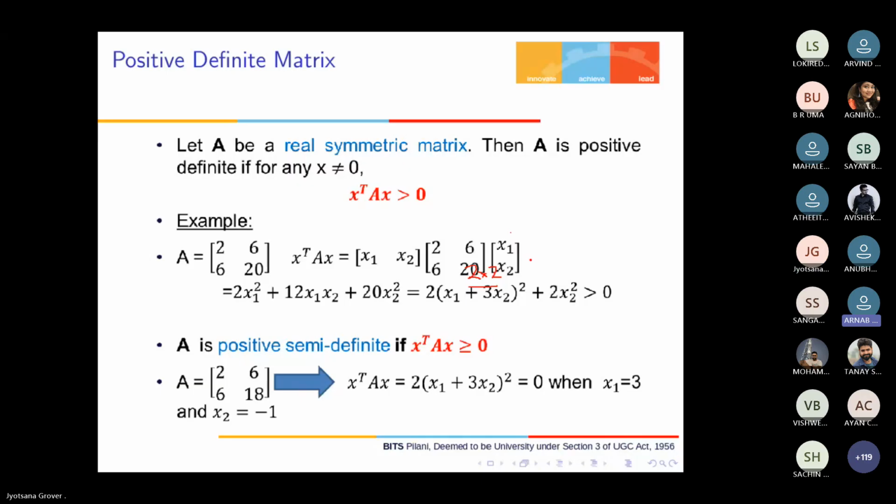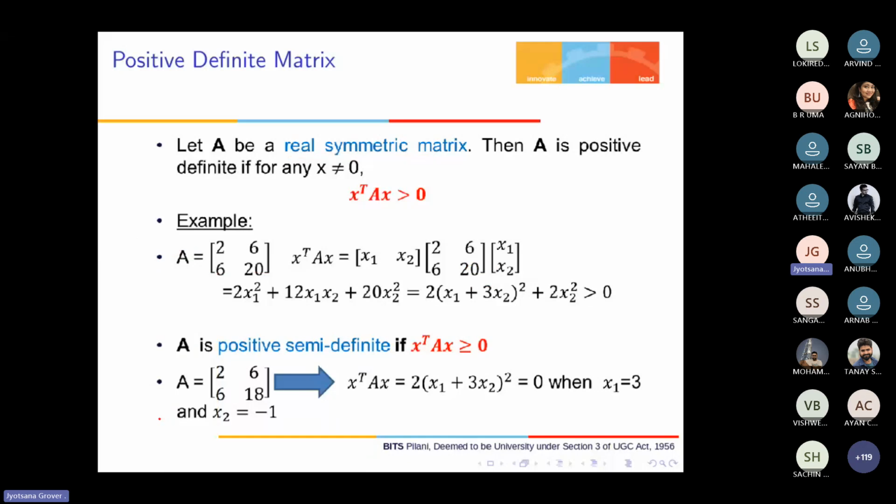Sam, can you repeat this one? Positive definite matrix. Okay, I'm saying for a matrix to be positive definite, it has to be a real symmetric matrix. Real means all the entries should be real numbers, and it has to be a symmetric matrix. As you can see here, this is a real symmetric matrix. Now we have to check whether it is positive definite or not.